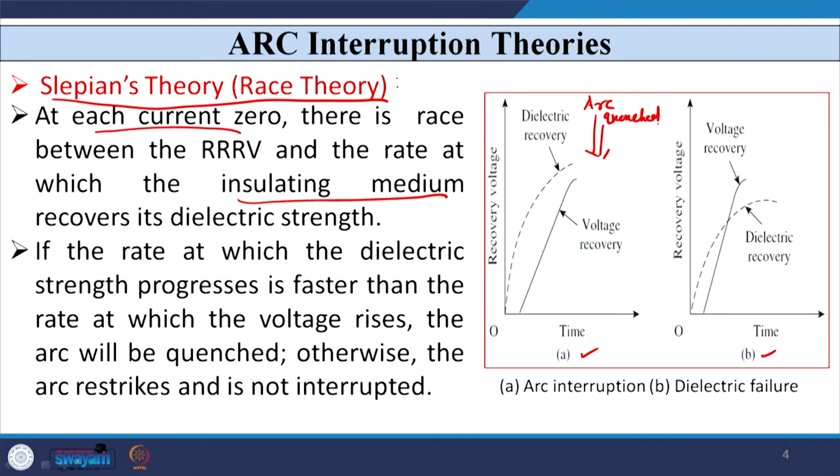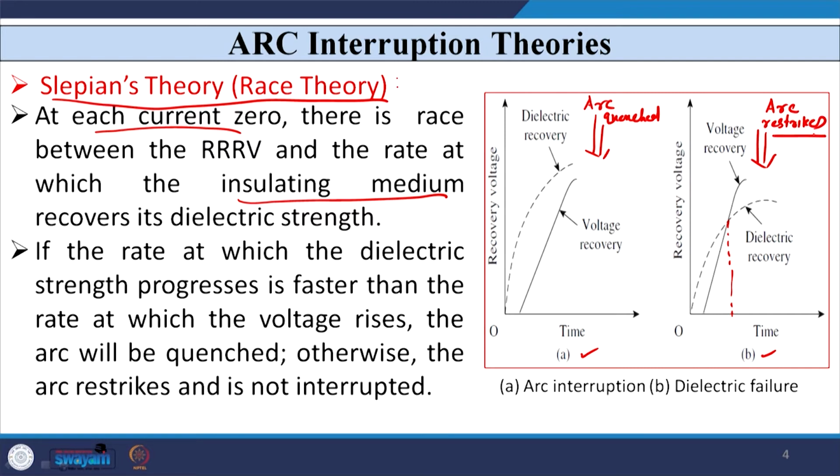On the other side, in figure B, you can see that the rate of rise of restriking voltage, or recovery voltage, with reference to time is higher than the rate at which the insulating medium recovers its dielectric strength. So, the voltage recovery is greater than the dielectric recovery at this point of time, and definitely the arc is not going to be quenched. Here we can say that at this instant the arc restrikes.